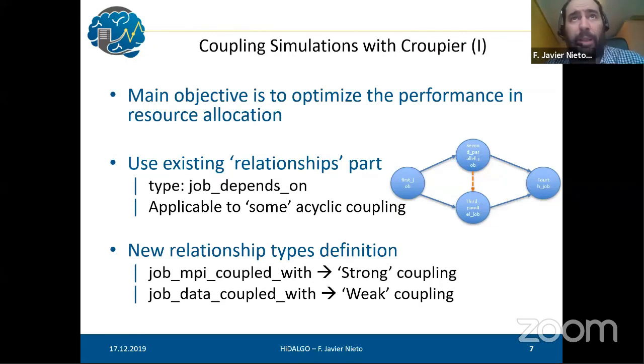And even if they are running in parallel somehow, you may need to know which kind of data they need to share. The problem is that in the example we had before, if we have two tasks running in parallel and you want to model the coupling between them, right now there is no way to do it, which would be the orange arrow that you can see there.